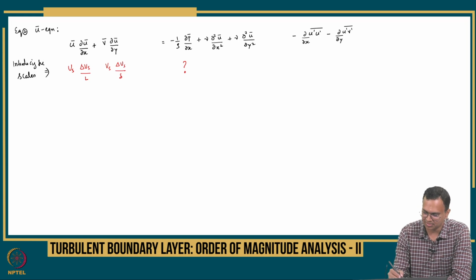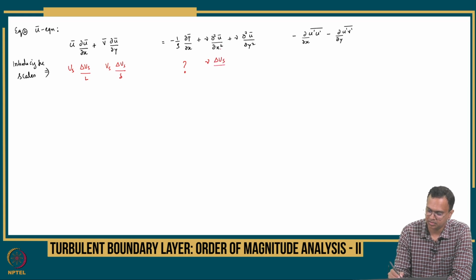So let's look at the other scales here. So I have this new del square u bar. Same as before, I have the same scale here, delta Us by del x. This is not the square term here, right? It is the way it's written. I have written like this, it's del x, del y and so on.